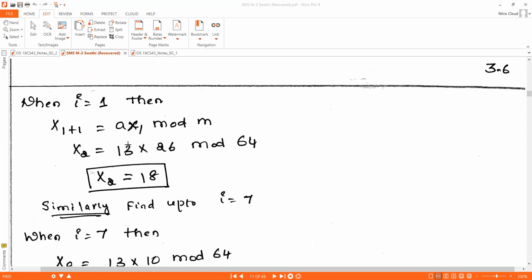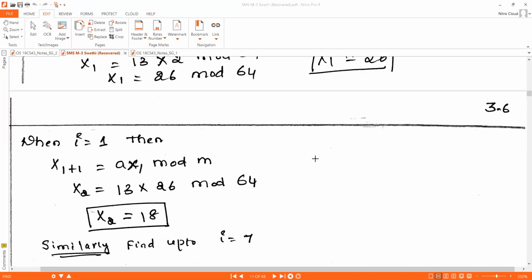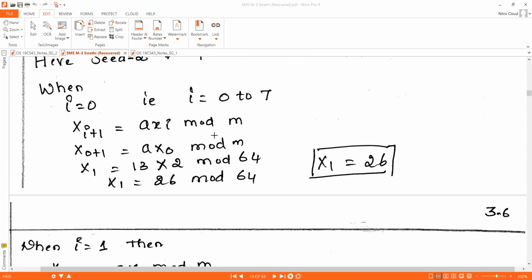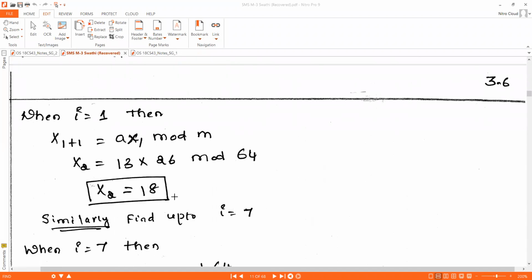The a value is 13, m is 64, and the x1 value we have calculated in the previous iteration is 26. We'll substitute 26 here. 13 into 26 mod 64, we will get 18. So the x2 value is 18.